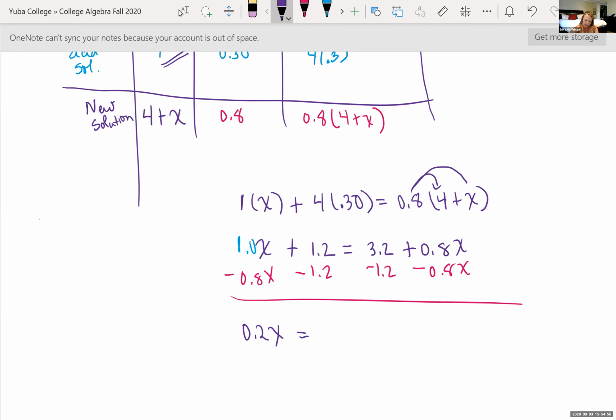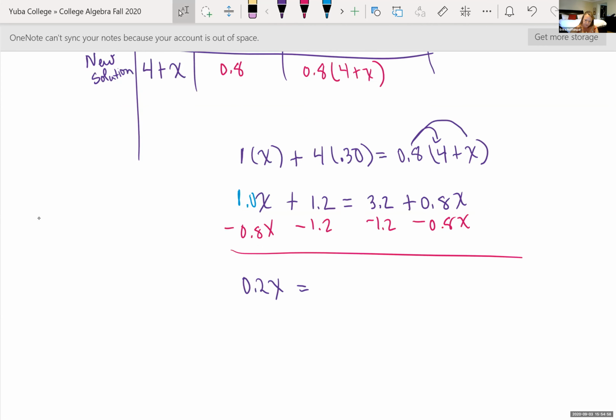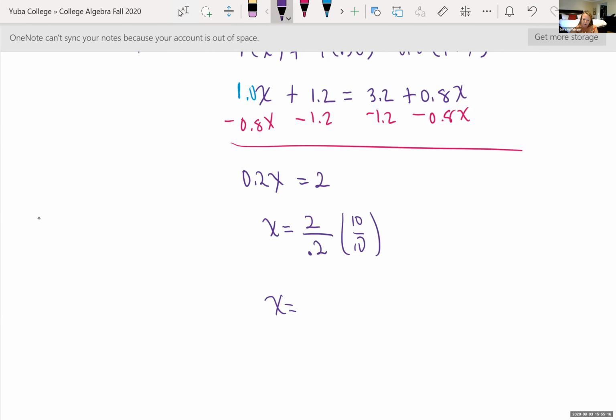This is 2 divided by 0.2. Well, we can get rid of that decimal by multiplying by a fancy one of 10 if you want to look at it this way. So x is 20 over 2, which reduces to 10.